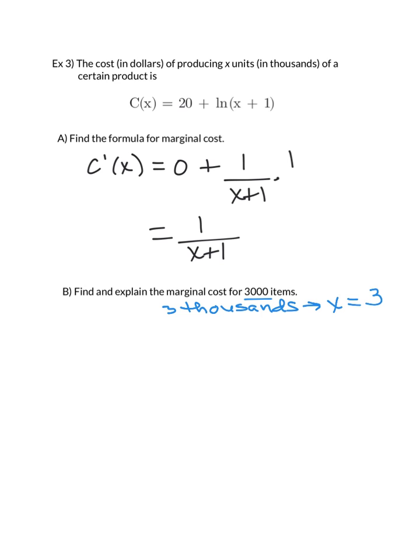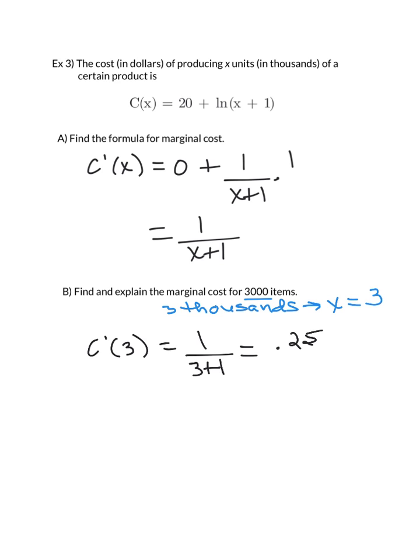That's what we're going to put into our marginal cost formula, 3, not 3,000. It's how many thousands it is. So c prime of 3 will be 1 over 3 plus 1, which is 1/4, which is 0.25.